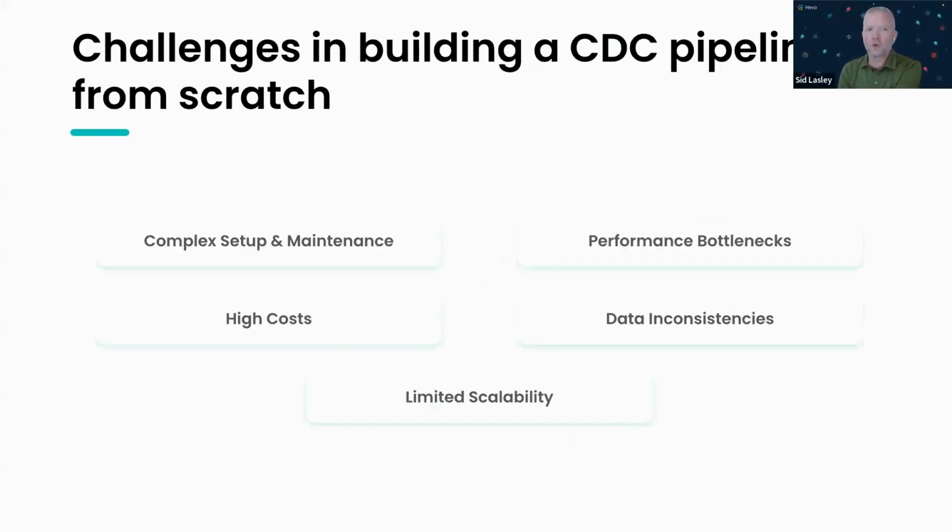Now, if you were building a CDC pipeline from scratch, say you were writing some code to do it, you've got to consider a number of things. You've got to consider the complexity of the setup, and how hard it would be to maintain that piece of code or application once it's built. You've got to understand how to manage your performance bottlenecks and make sure that it's an efficient process. You've got to account for scalability.